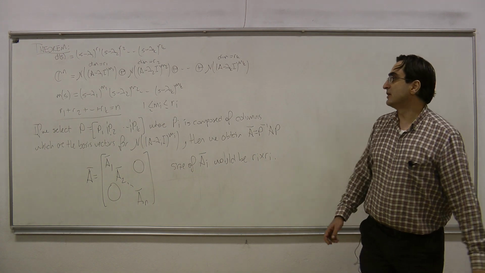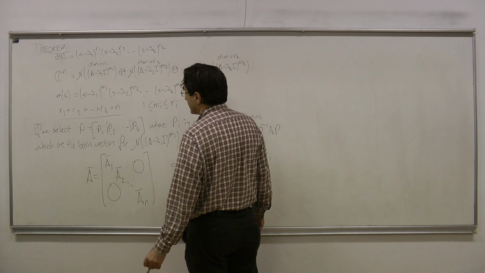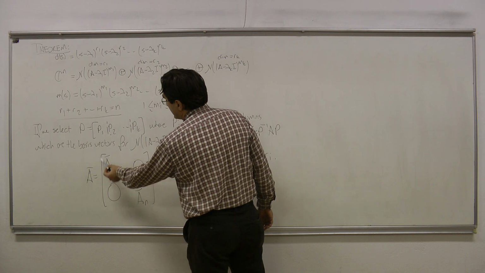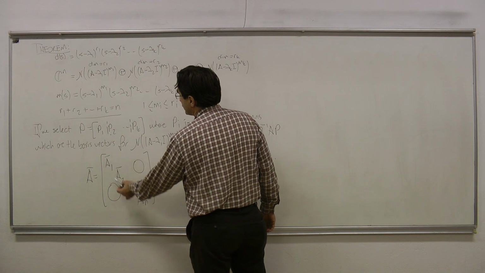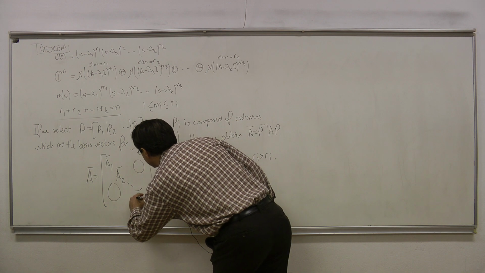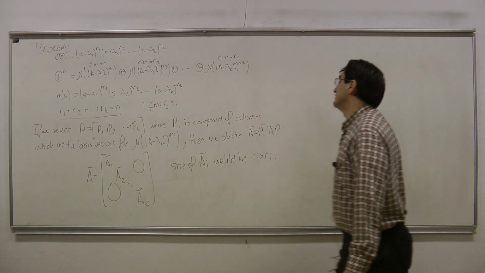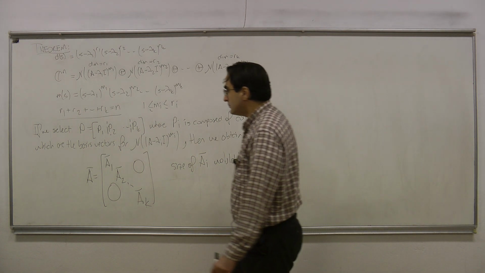Okay? And the dimensions here are R1, R2 going until Rk. That means that this block is going to have size R1 by R1, R2 by R2, going until Rk by Rk. This is k, sorry. Okay? So we would have this type of block diagonal matrix.